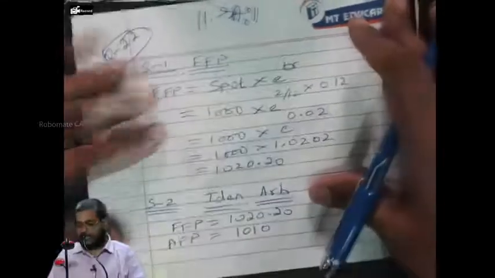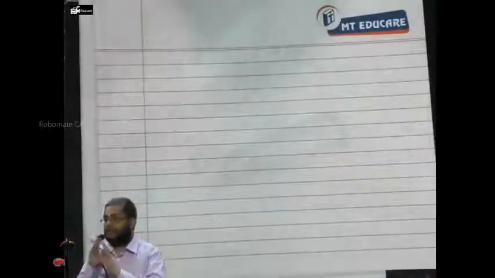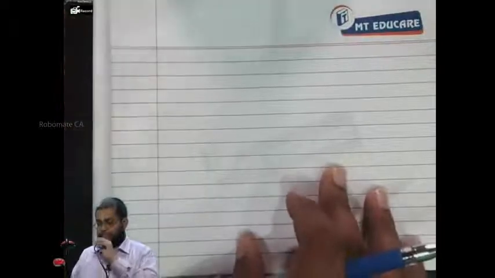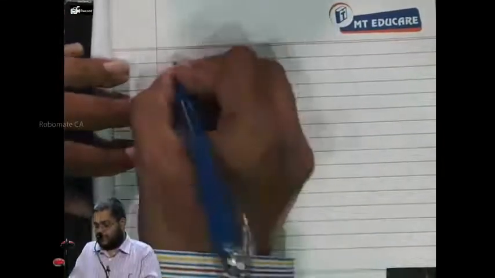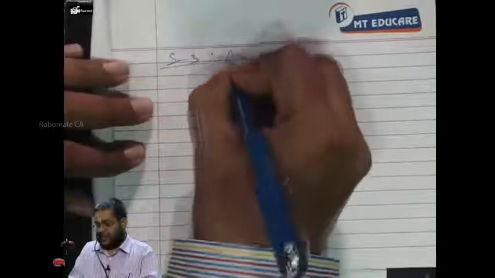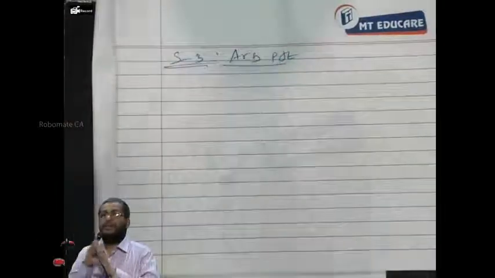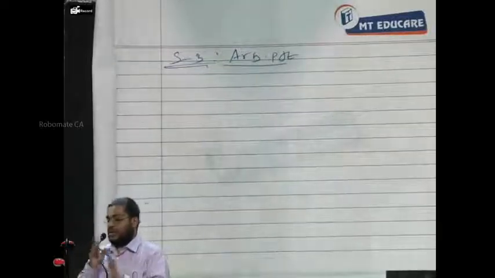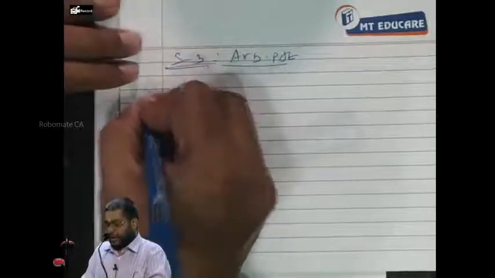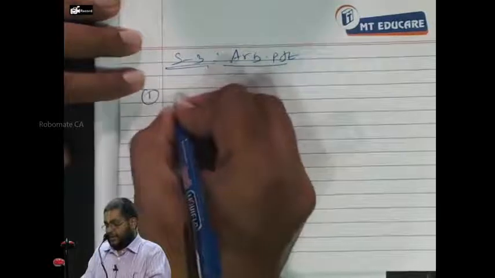Can I proceed? Now, step 3 is arbitrage profit. Let's do it together. Point number 1. What is my strategy today?